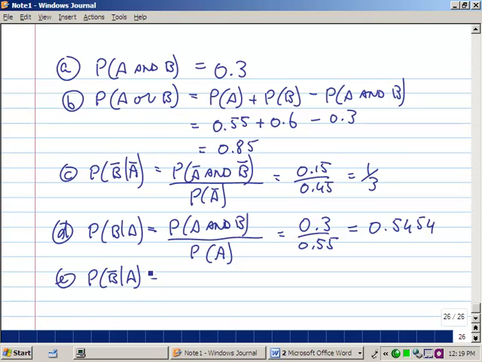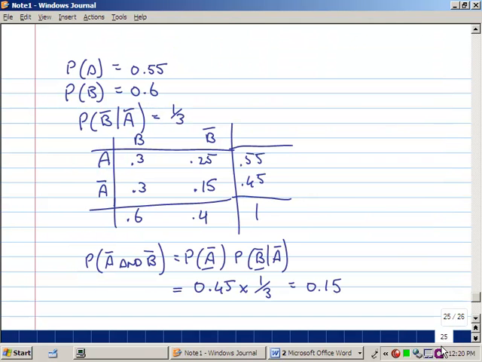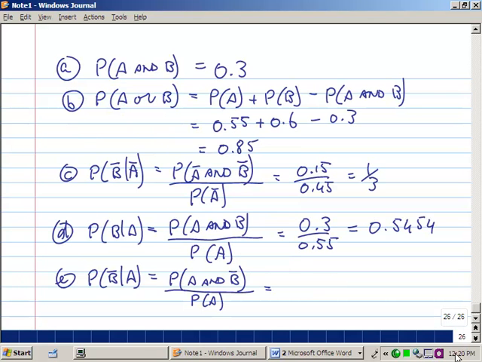Of course, we could turn around and just say it's the complement of the one above, but just to show you that you can do it the long way also, it'll be A and B bar divided by the probability of A. Alright, A and B bar is 0.25 divided by the probability of A, which is again 0.55.